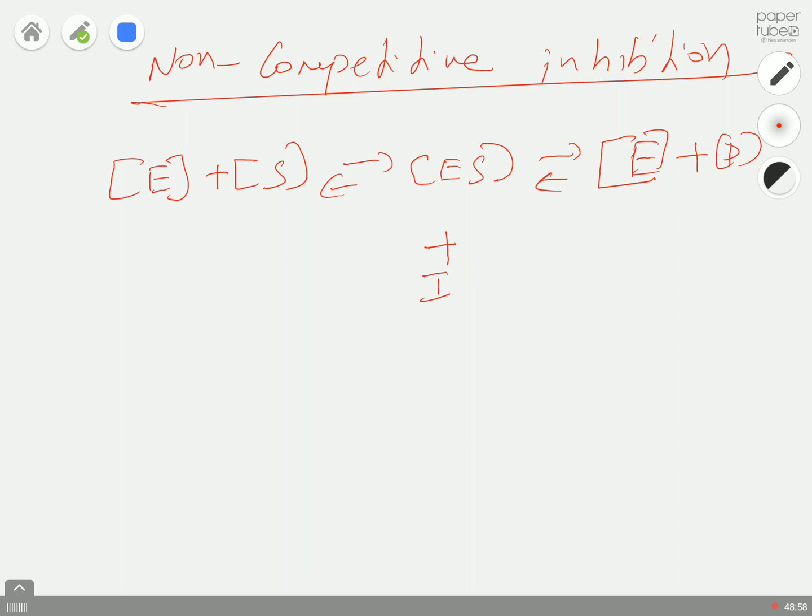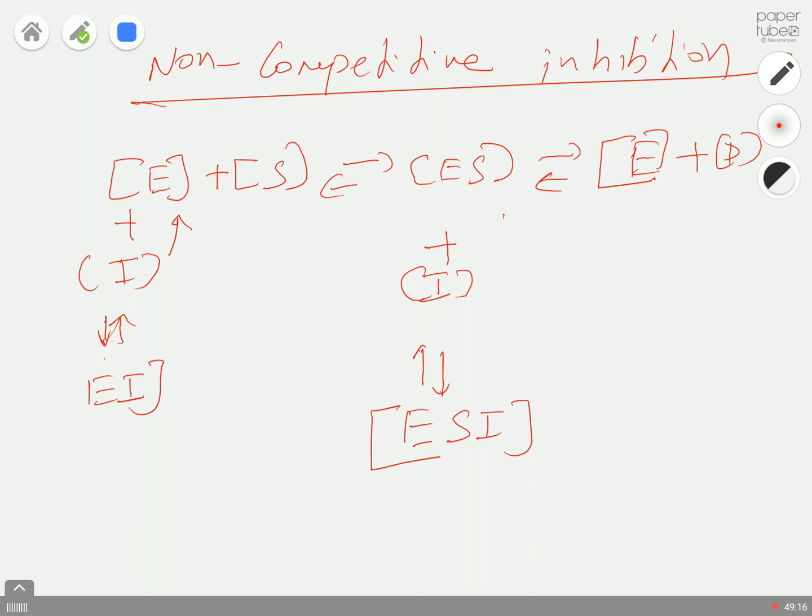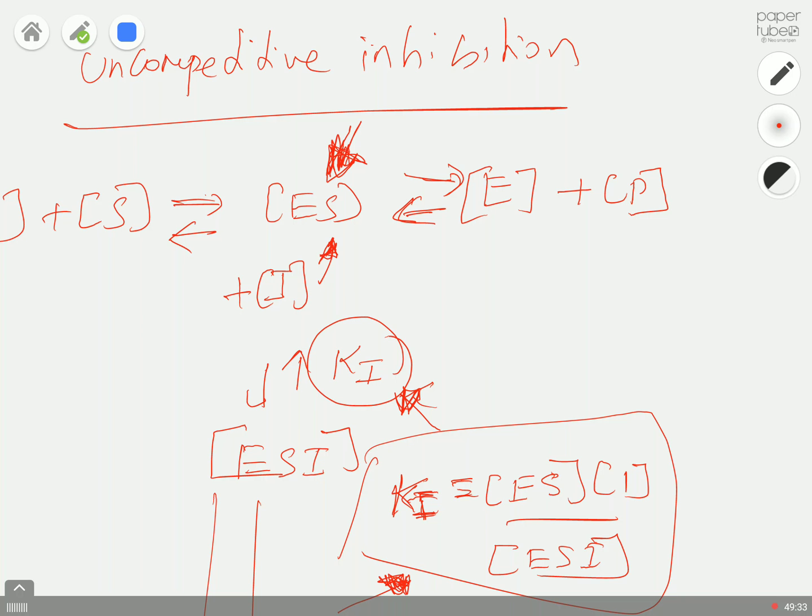Your inhibitor can act on the enzyme substrate complex to give enzyme substrate inhibitor complex, and your inhibitor can also bind to the enzyme to make enzyme inhibitor complex, and then your substrate can bind to the enzyme inhibitor complex to give enzyme substrate inhibitor complex. Throughout these lecture notes I showed this arrow, which means they are reversible. People used the assumption that this is a reversible process while deriving this expression.